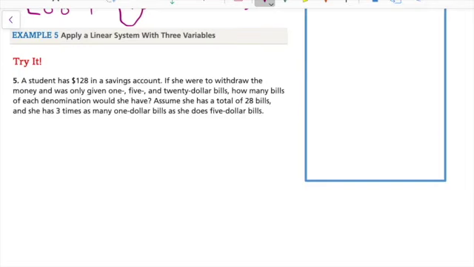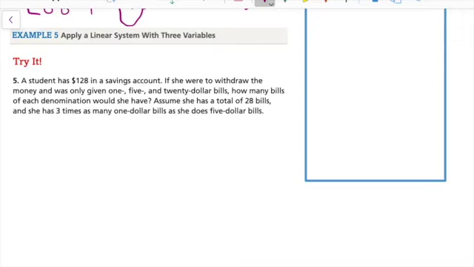It's our favorite word problems. I know that sometimes we find them difficult, but if we break them down, hopefully they are not as difficult to us, okay? So, a student has $128 in a savings account. If she were to withdraw the money and was only given 1s, 5s, and $20 bills, how many bills of each denomination would she have?